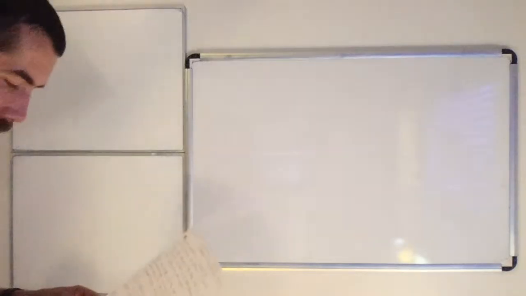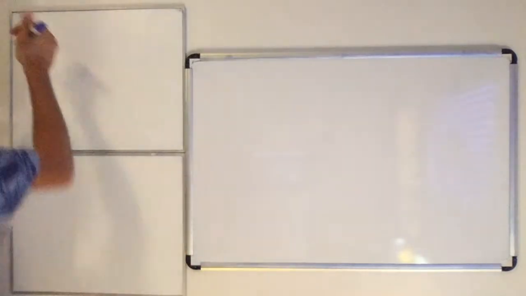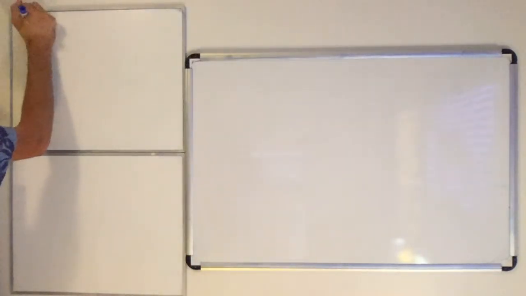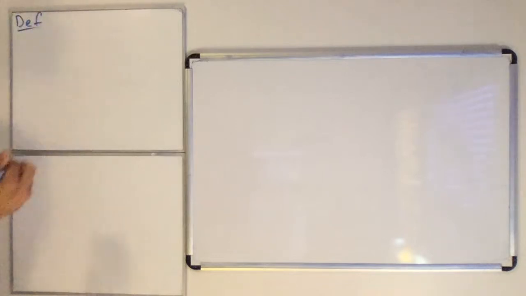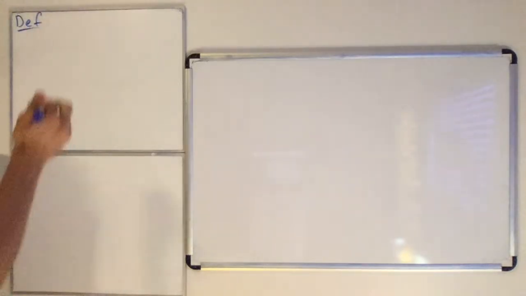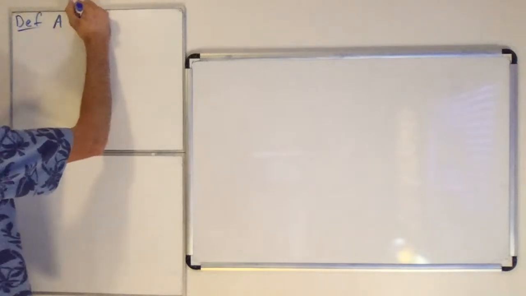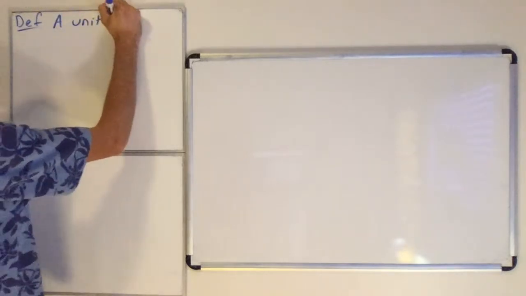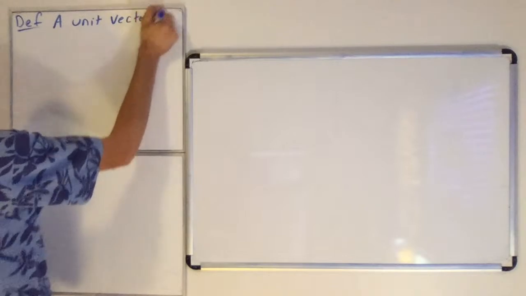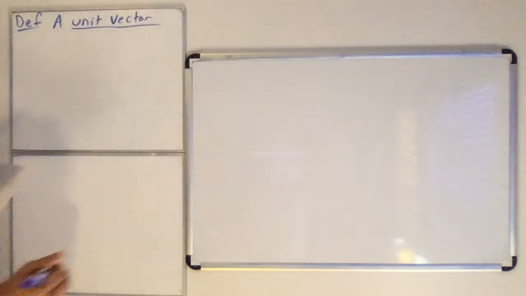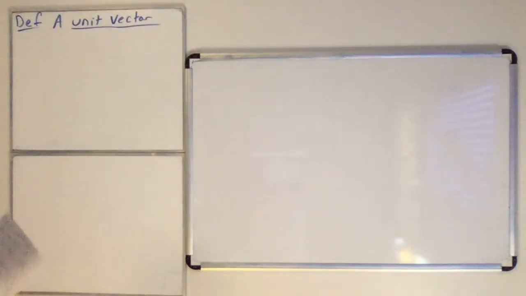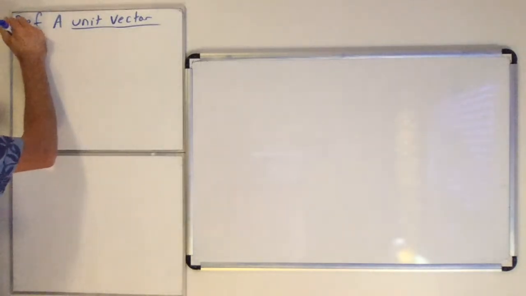Okay, so we said at the end of class yesterday we could use these inner products to define a length. So just some more definitions. A unit vector is one whose length is 1.